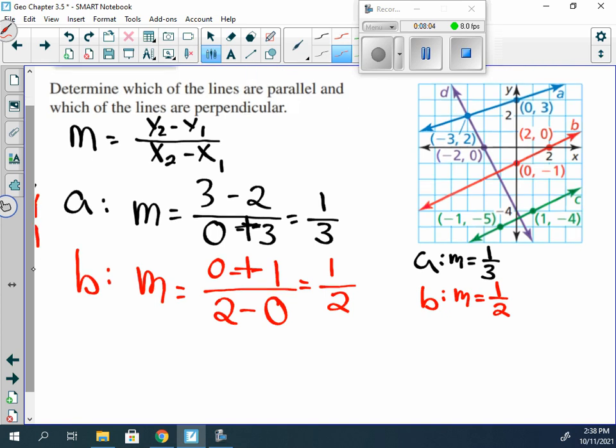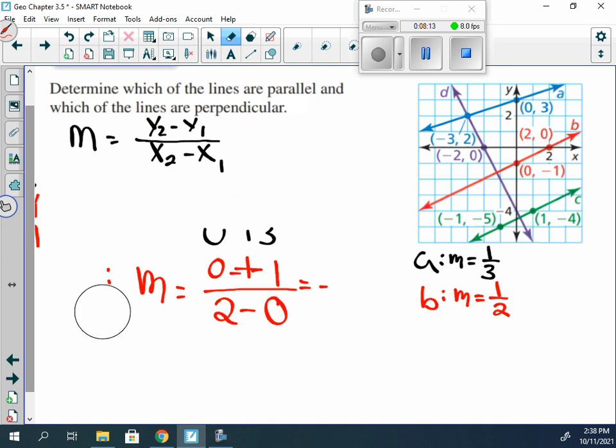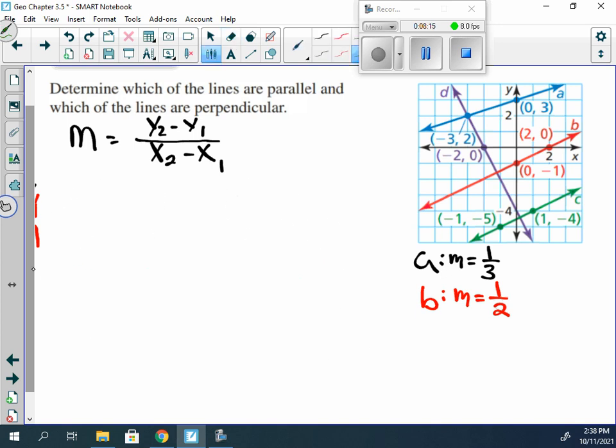Any questions on this before we look at the slope of line C? So let's look at line C. (-1, -5) and (1, -4) are our 2 points for line C. So we could say -5 minus -4, because again, how we pick the y values really doesn't matter.